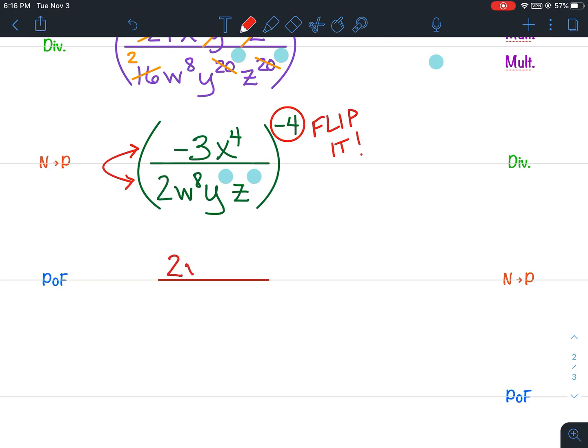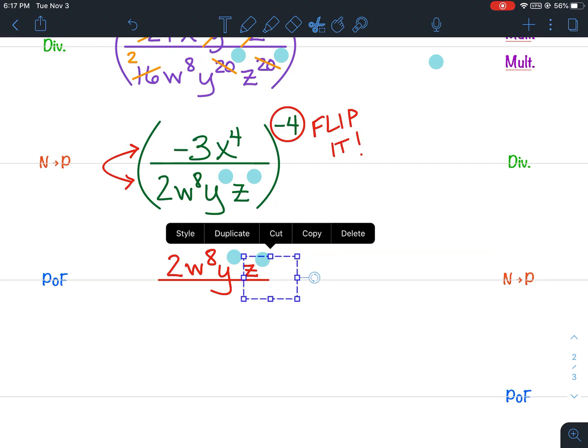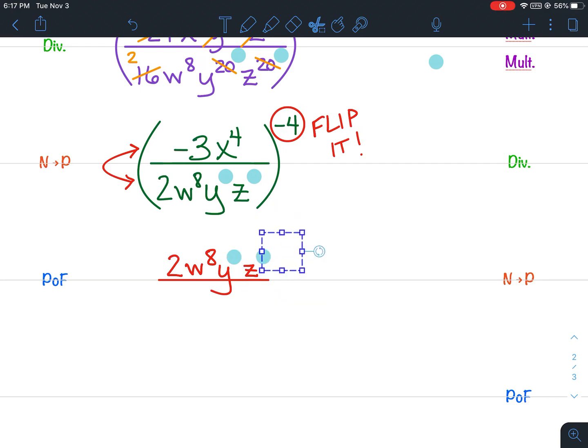So 2 w to the 8th, then I've got my y term and z term. And then in the denominator, I have the -3x to the 4th.